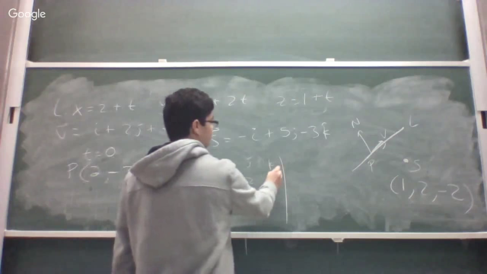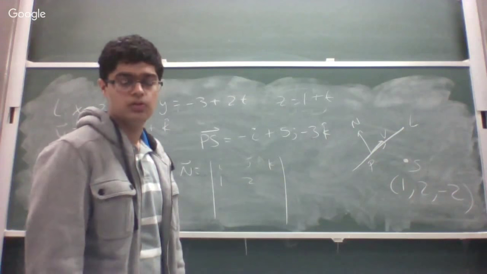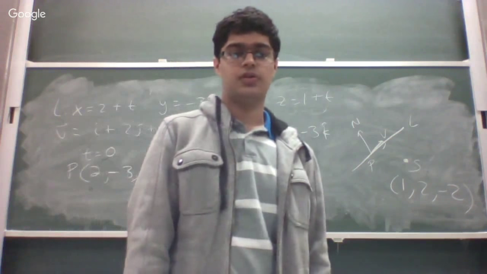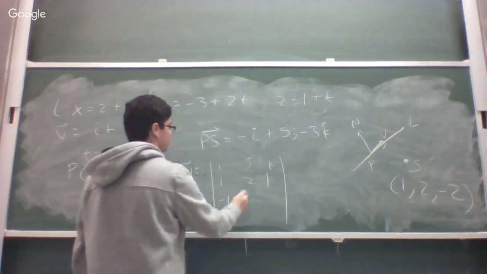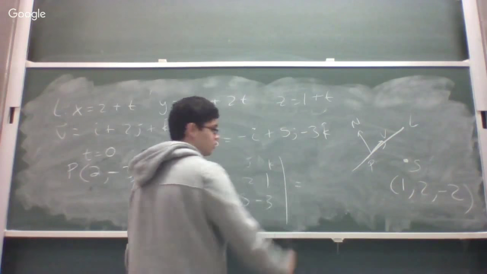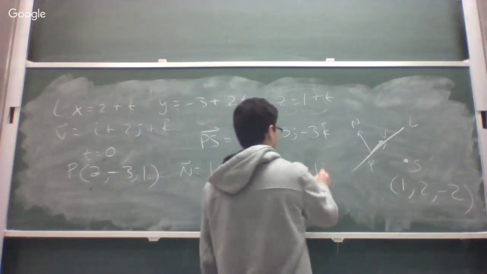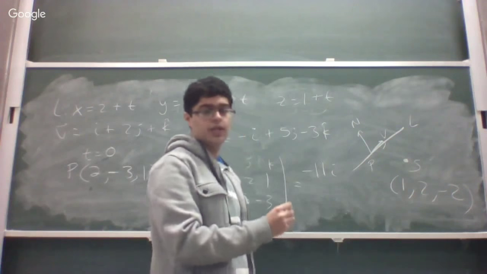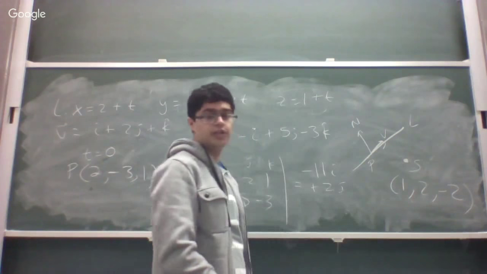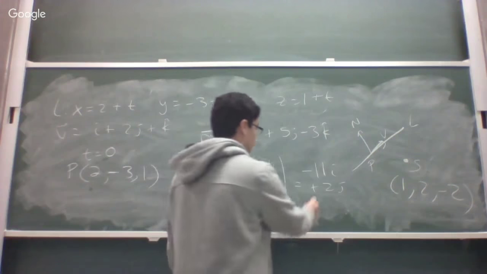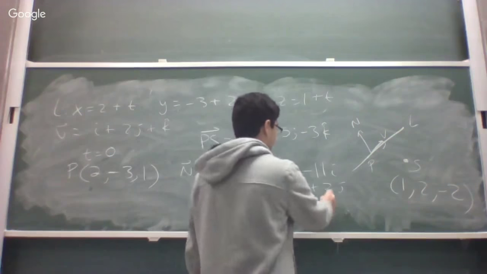One, two. 1, 2, 1? Yeah, 1, 2, 1. -1, 5, -3. Make sure you guys do it in your head or on paper and get these answers. Plus 2, -11i plus 2j plus 7k.